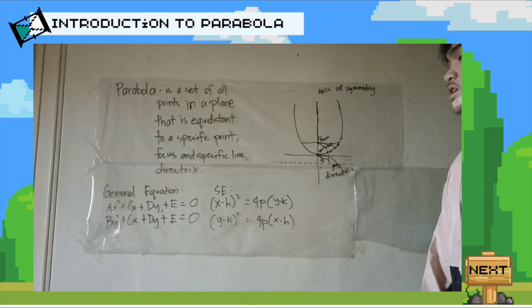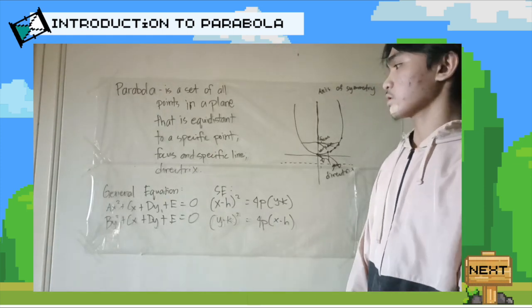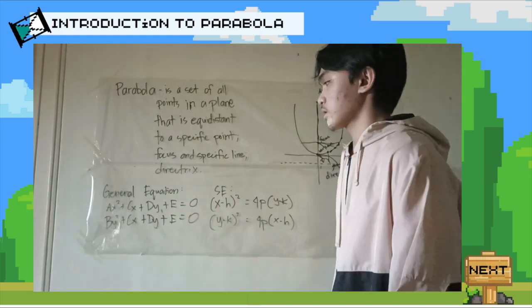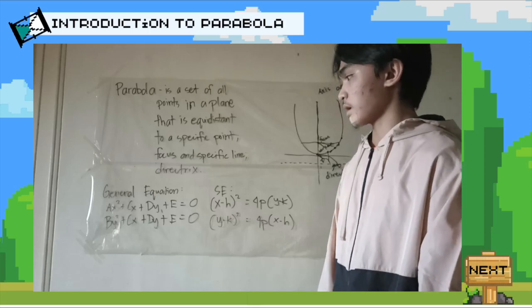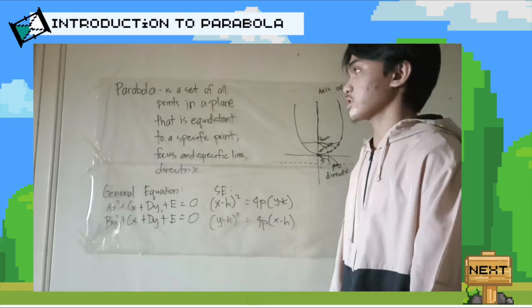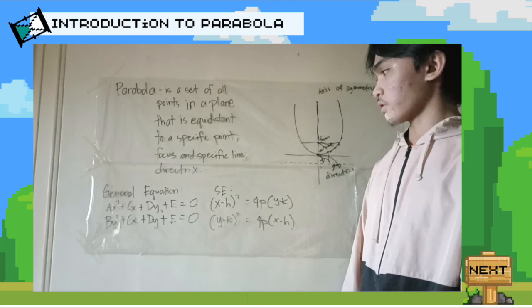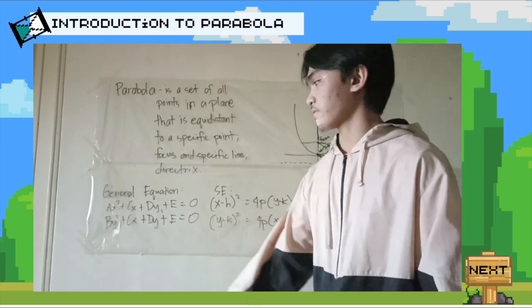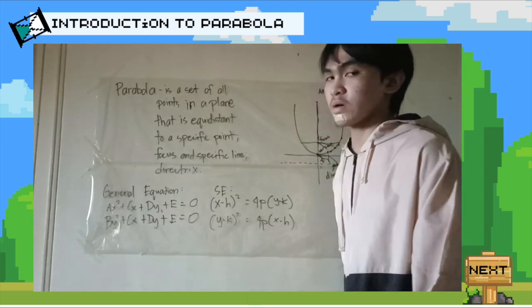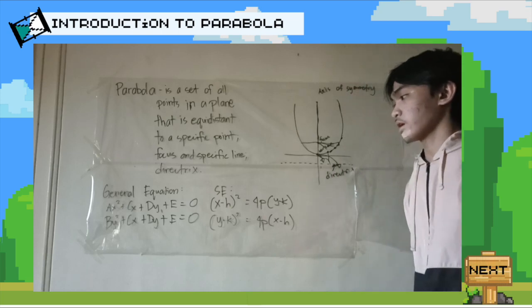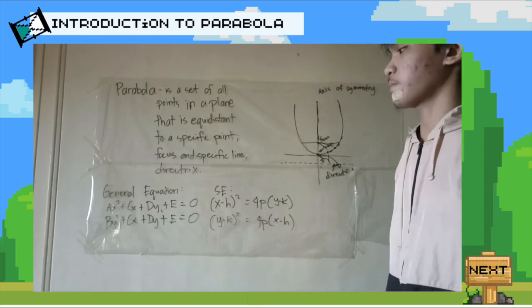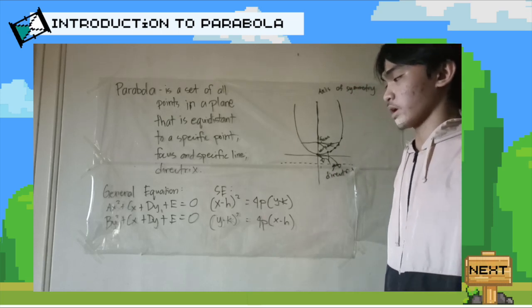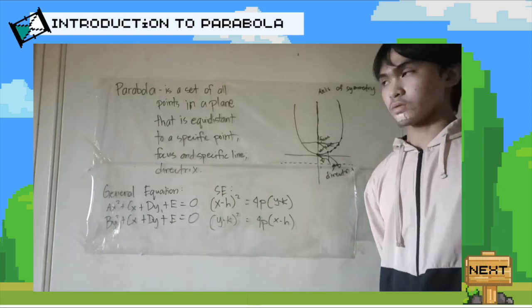So parabola, just like any other conic section, it also has a general equation, but it varies upon the axis of parabola. For vertical axis, we have ax squared plus cx plus dy plus e is equals to 0. And for horizontal axis, we have by squared plus cx plus dy plus e is equals to 0.